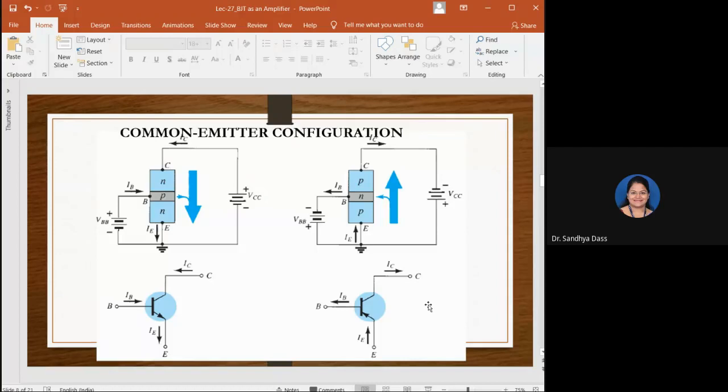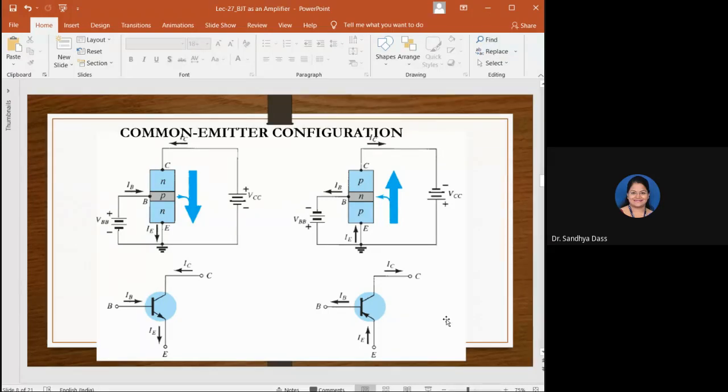Now, coming to the part, what is current gain? Can anyone define current gain? How do you define current gain? Gain means what? It is output by input, right? So I'm talking about current gain. So it is the ratio of output current to input current, isn't it?